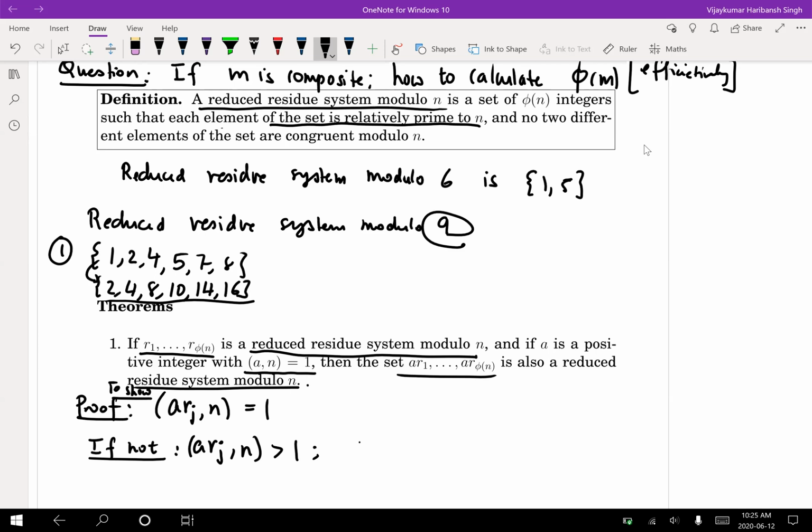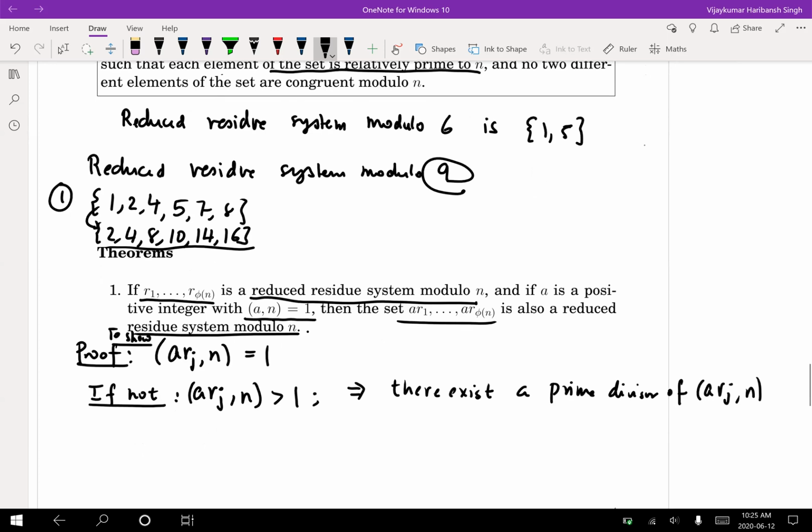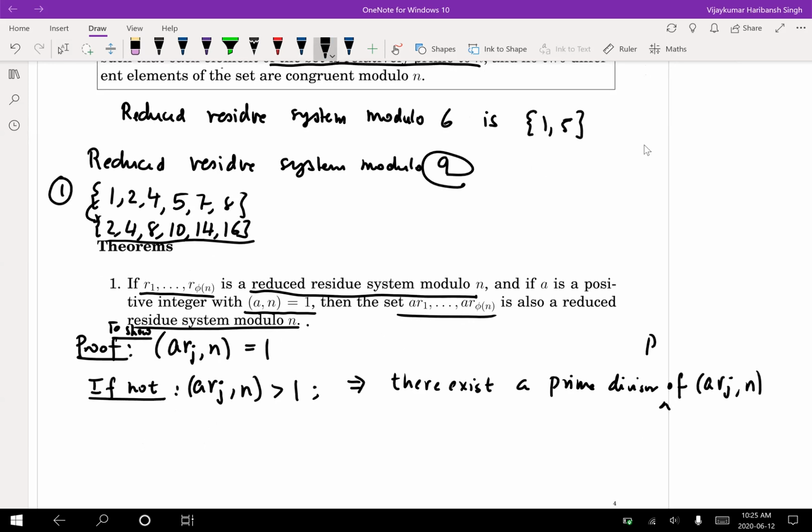So there exists a prime divisor of the gcd; let's call it P. This means P divides ARj and P divides n.